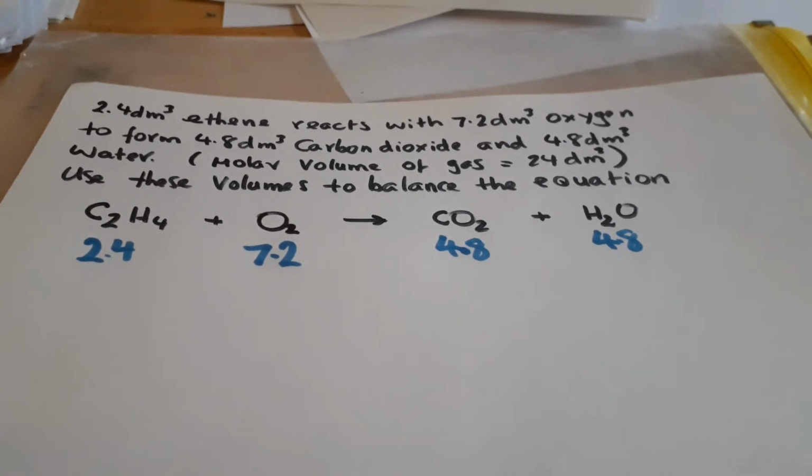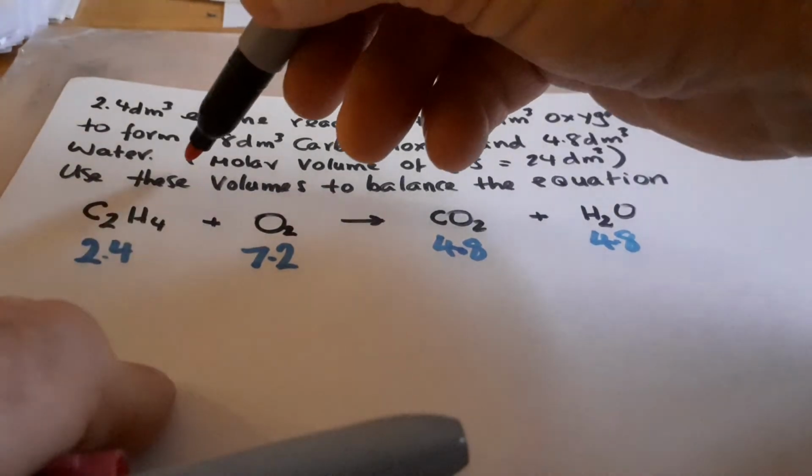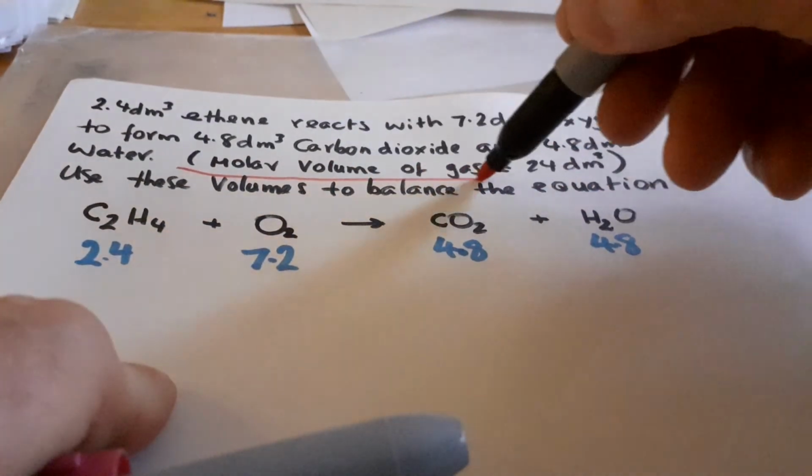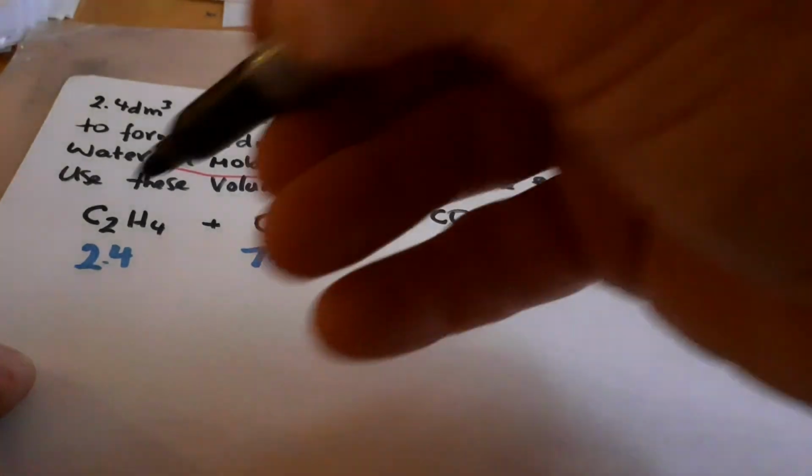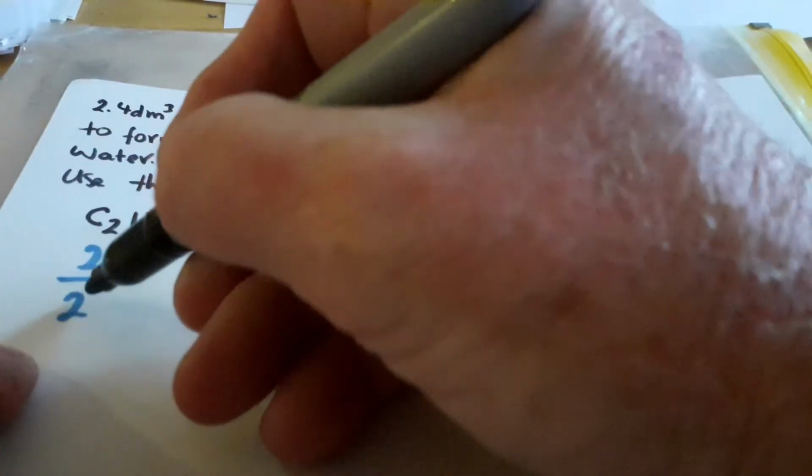Now, the important thing here, please, is that the molar volume of any gas is 24 decimeter cube. So when we want to get the moles of gases, we divide by 24.